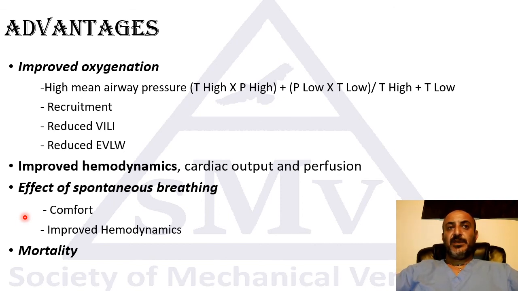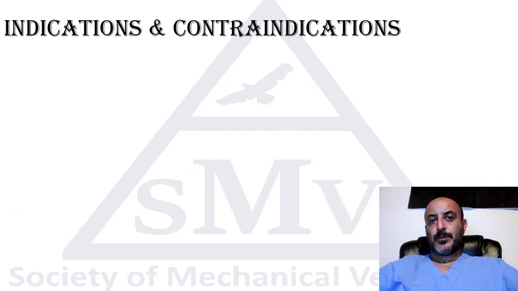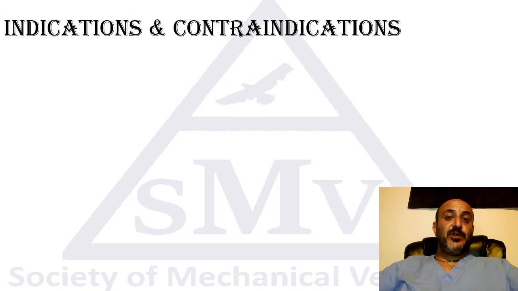But anyway, in the last couple of years we have some more evidence, some studies from China and some meta-analyses that show that, compared to conventional ventilation, APRV might improve mortality in ARDS.